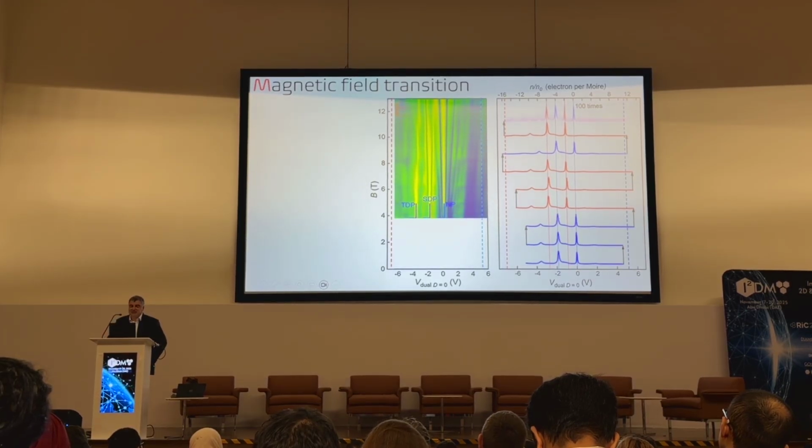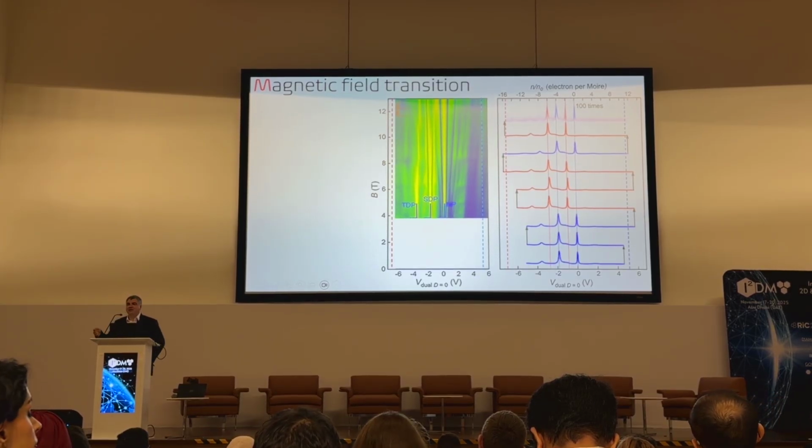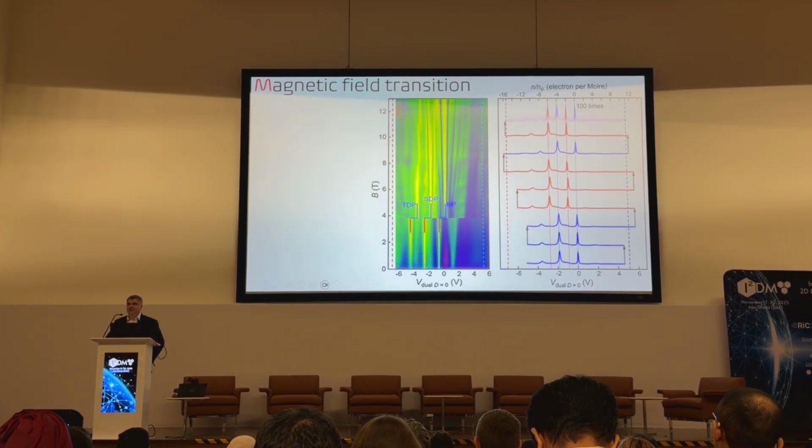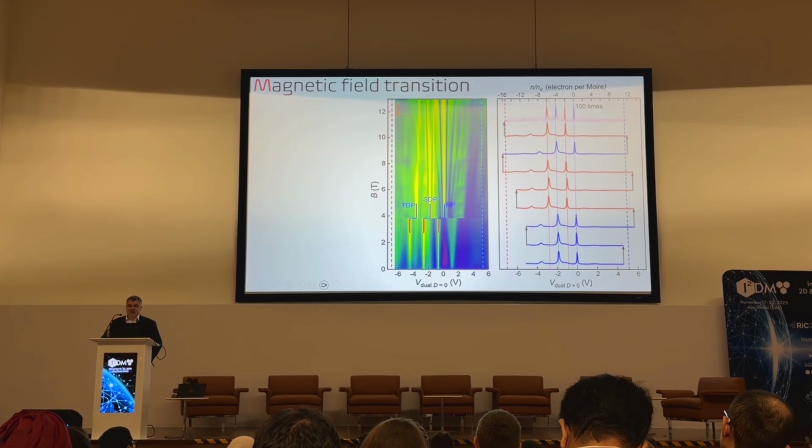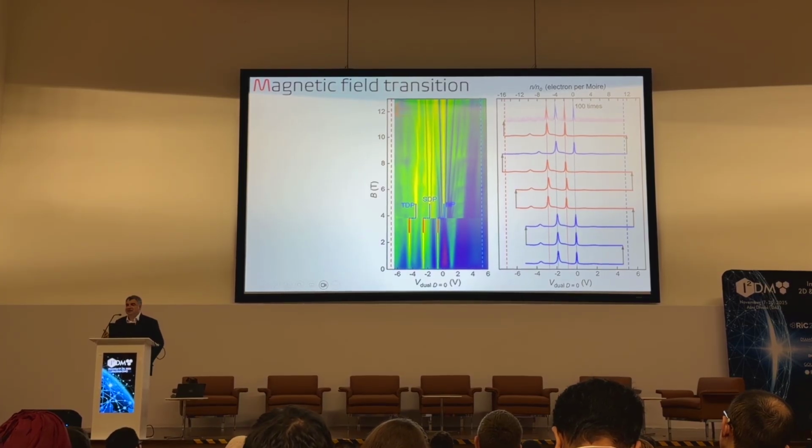This is the standard Landau fan diagram, and you can see that we always go above the threshold electric field, but no switching occurs. And then you go to lower magnetic field, and suddenly you switch into the new quantum phase, which is doped and so on.